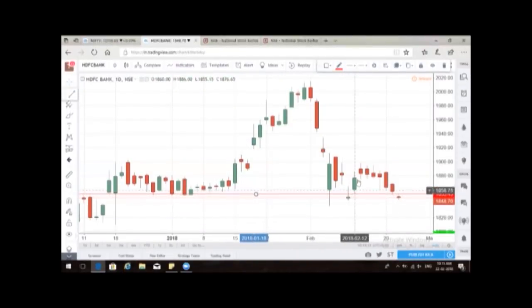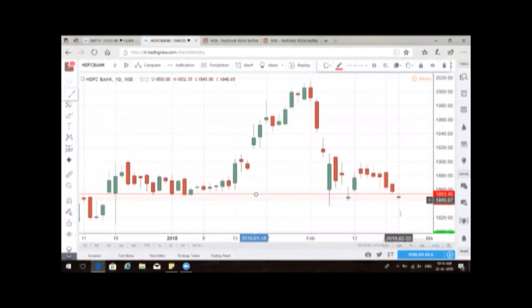And what I see over here is that quick selling takes place and it comes back down. Today it opens gap down. HDFC Bank opening gap down, and that too below a major level of 1850, is not a good sign, because if HDFC Bank keeps going down, it can pull Bank Nifty down.